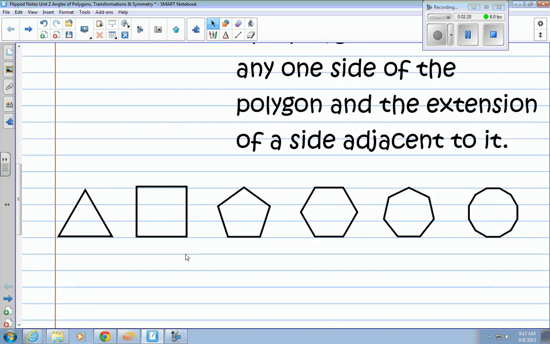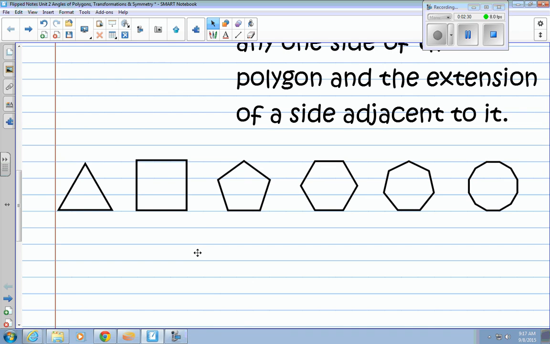Okay, we're going to figure out how to find the sum of those angles. So if you recall, the interior angles of a triangle always sum to equal 180.